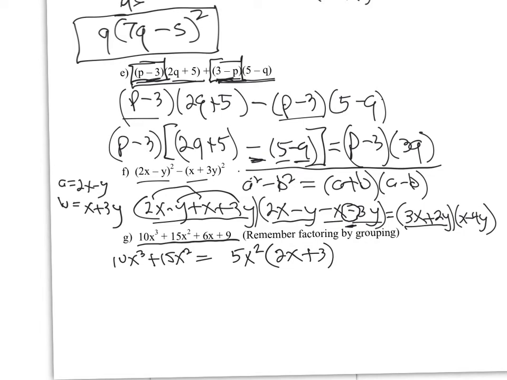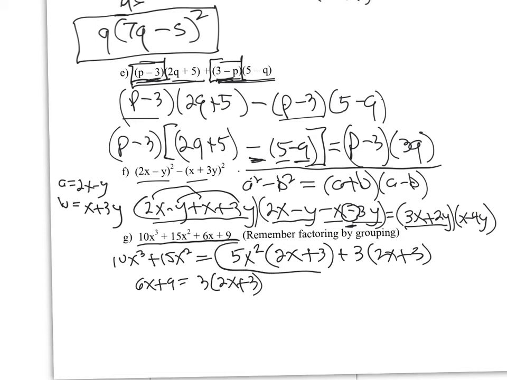And the 6x plus 9 we can say is equal to, factoring out the greatest common factor, 3 times 2x plus 3. So our whole polynomial now can be rewritten as this.